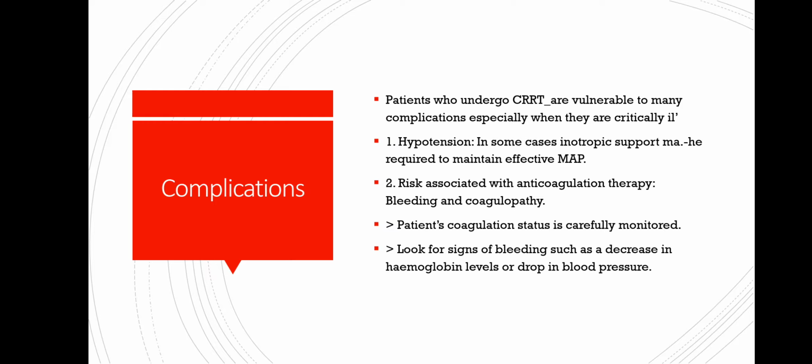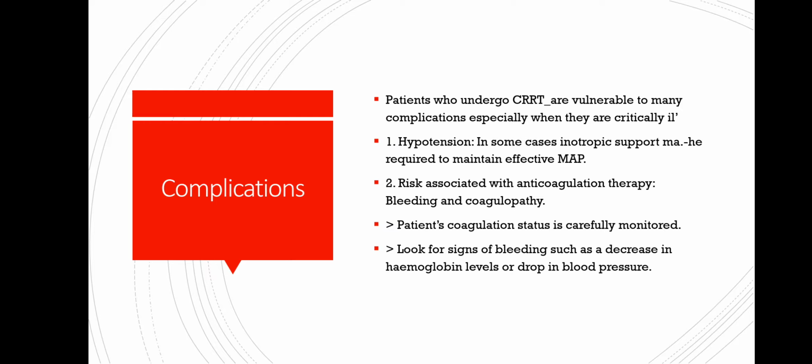Complications of CRRT: patients who undergo CRRT are vulnerable to many complications, especially when they are critically ill. First is hypotension, then risks associated with anticoagulation therapy. Hypotension means that in some cases inotropic support is required to maintain the MAP.